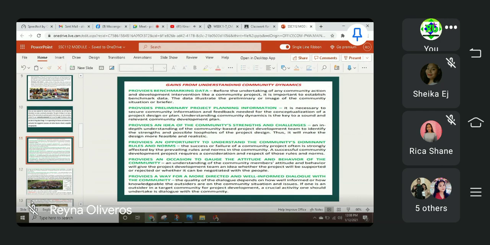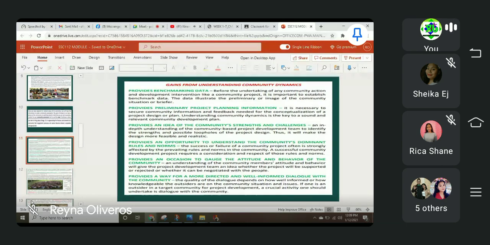Bago pa yon, nag-survey muna kami kasi meron akong estudyante na nakatira sa area na yun. And nagtanong ako sa kanya, ano yung mga wala, ano yung mga meron, ano yung mga kailangan ng mga tao, kanino kami pwedeng makipag-coordinate, 'di ba? So, lahat naman ng information nakuha namin.